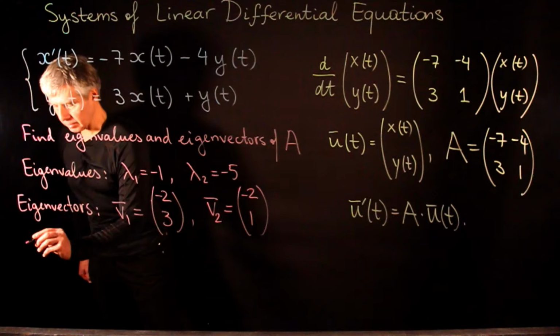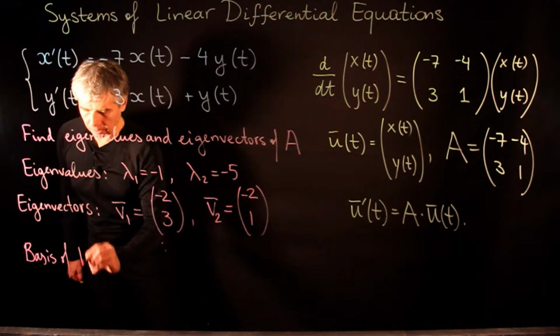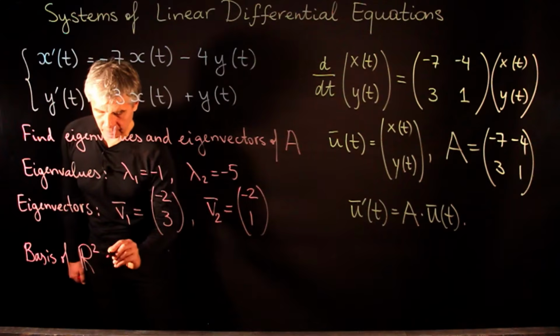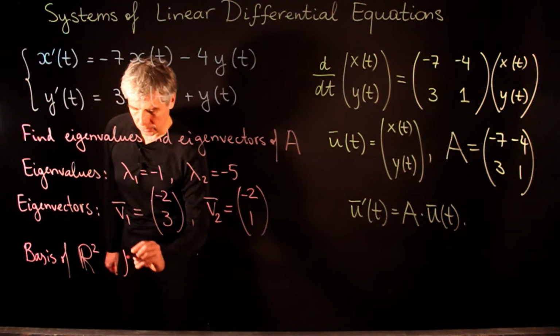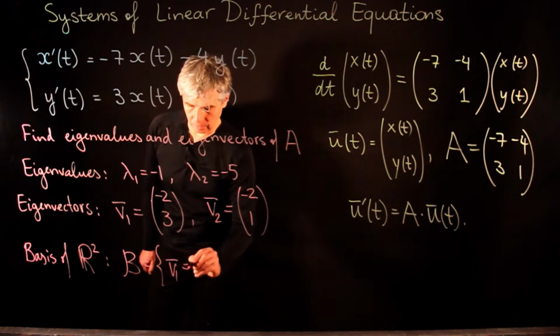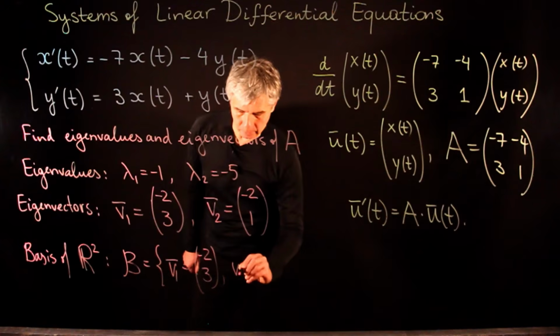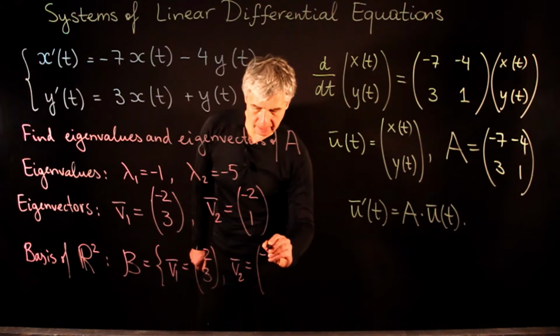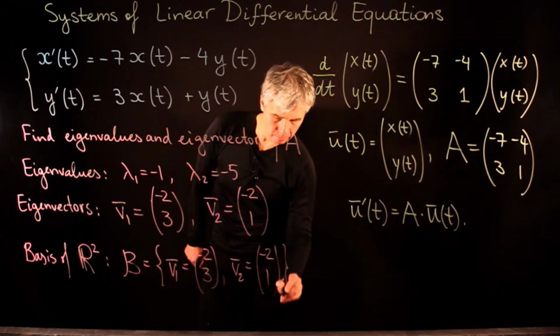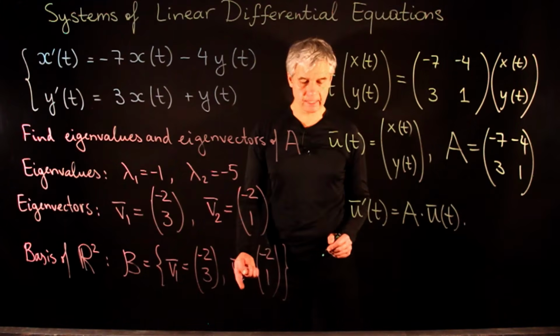This gives us a basis of R2 that consists of eigenvectors. So let's call this B. It's a basis v1, which is minus 2, 3, and v2, which is minus 2, 1. With a new basis, we get a new coordinate system.